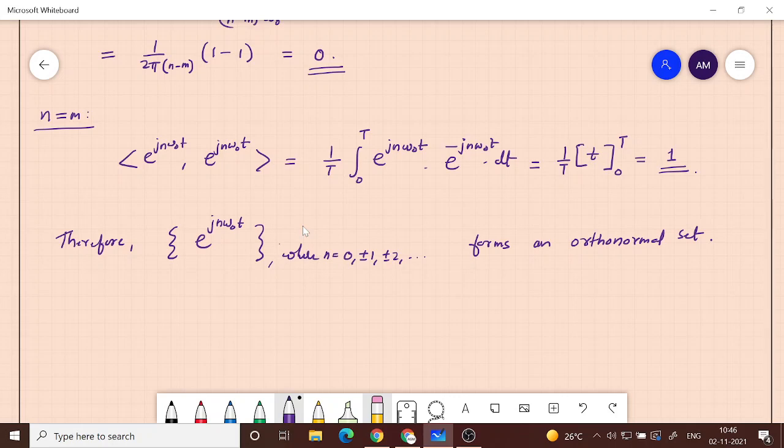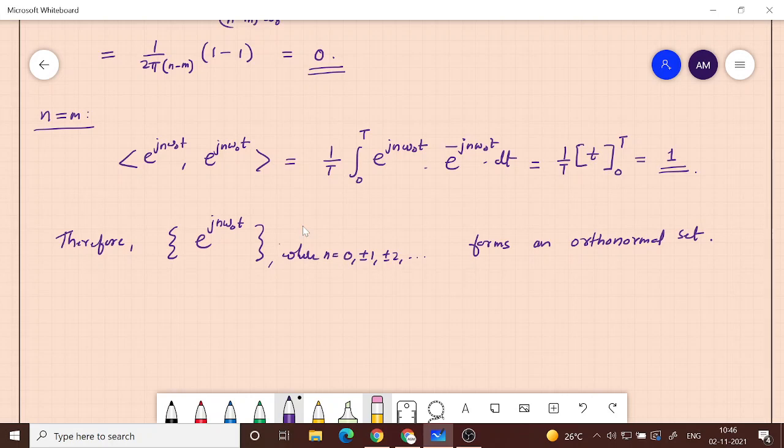If the power of all the signals is unity, then we say orthonormal set. If it is only orthogonality and the power is not unity, if it is some other value, just like in the case of trigonometric Fourier series, where we had half for all the cosine and sine functions, the power was not unity, so they don't form an orthonormal set, but they form an orthogonal set.